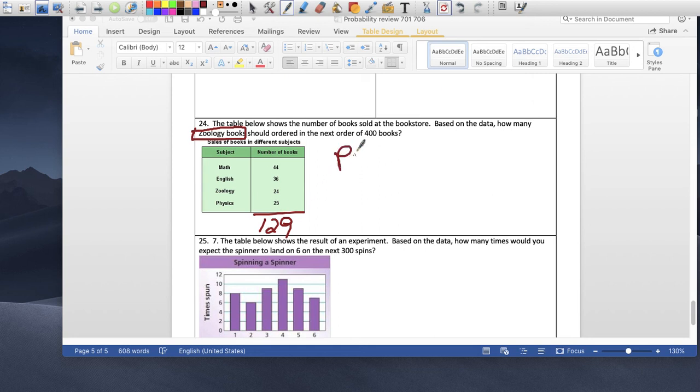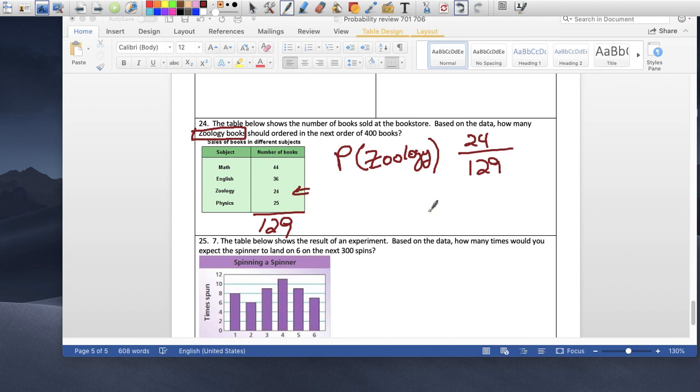So the probability, the experimental probability, because the experiment here was all the sales during the day. During the day, how many people bought zoology books? Right here, 24 books out of the 129 sold were zoology books.